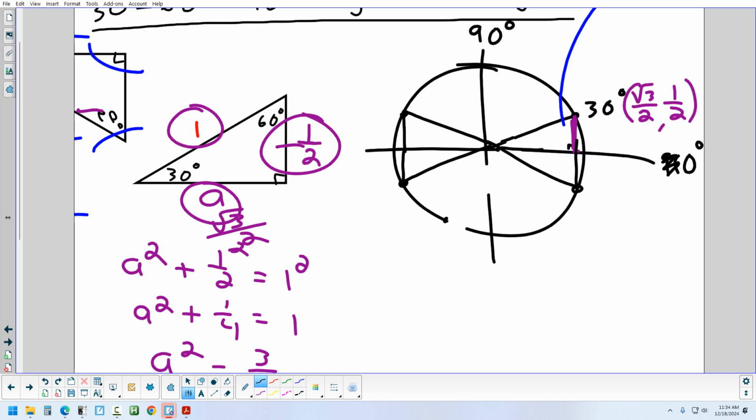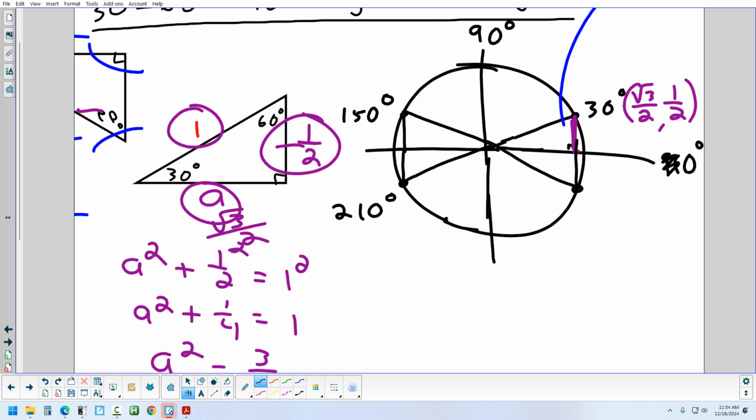Comes out better if you use a ruler, but that's okay. What would this angle be over here? Just the angle, not the location. That's your 150. How about this angle right here? 210.